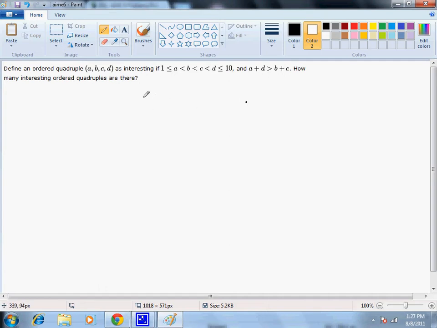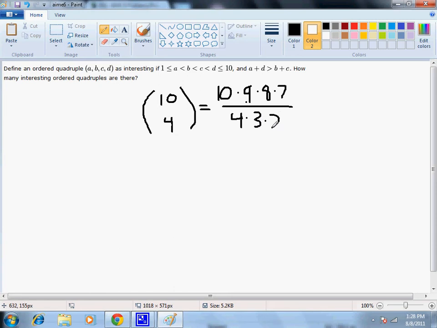So we have to find the number of ways to choose 4 numbers from 10 numbers, which is just 10 choose 4, which is equal to 10 times 9 times 8 times 7 over 4 times 3 times 2 times 1. This multiplies to 210, so there are 210 ways to pick the numbers.